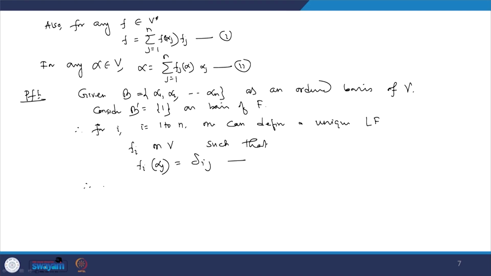So, my E_1i is my f_i. I hope it is clear how one can say there exists a unique linear functional f_i on V which maps alpha i to 1 and all other elements to 0. So, there are n linear functionals.